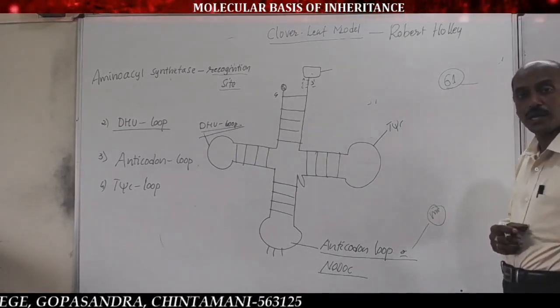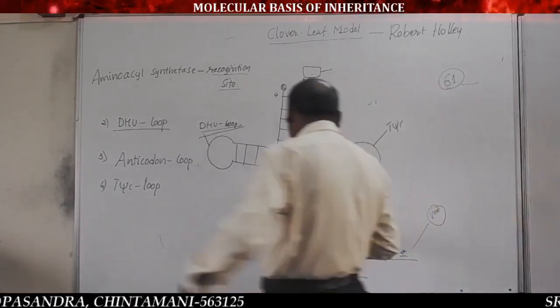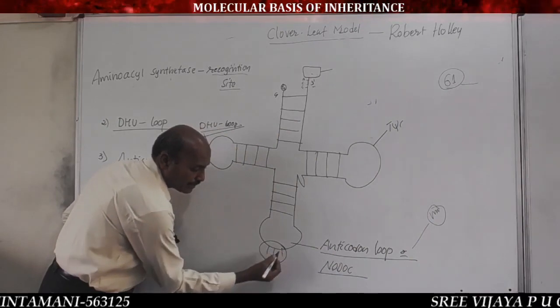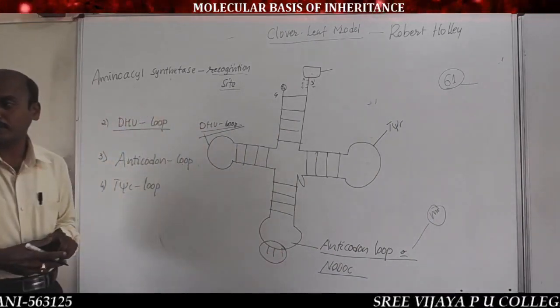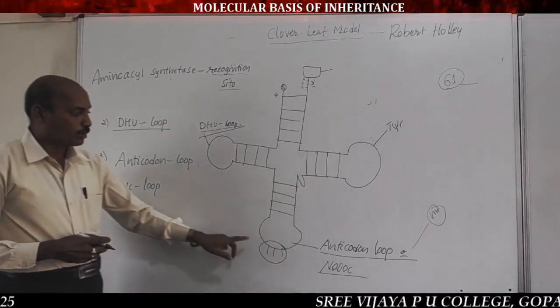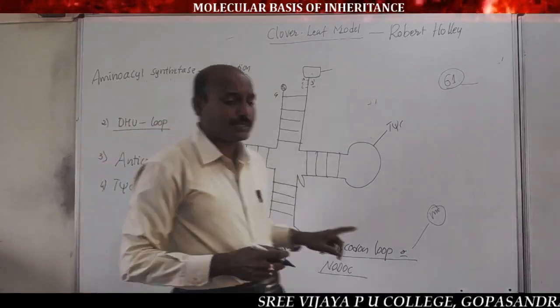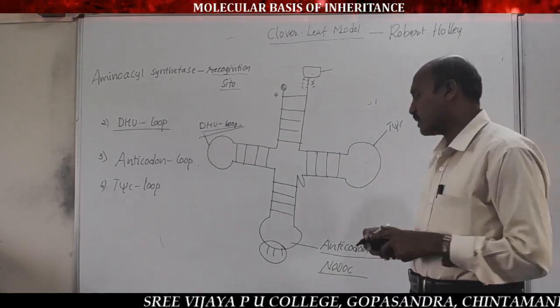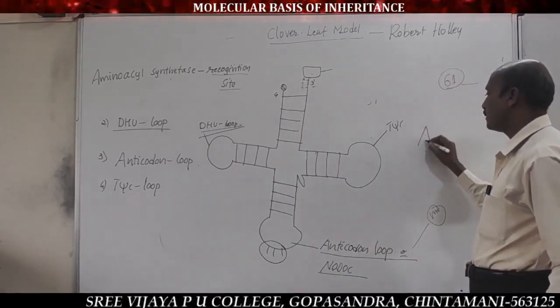And a group of 3 nitrogen bases is present in this loop. You must remember this statement: a group of 3 nitrogen bases present in the anticodon loop is called anticodon.